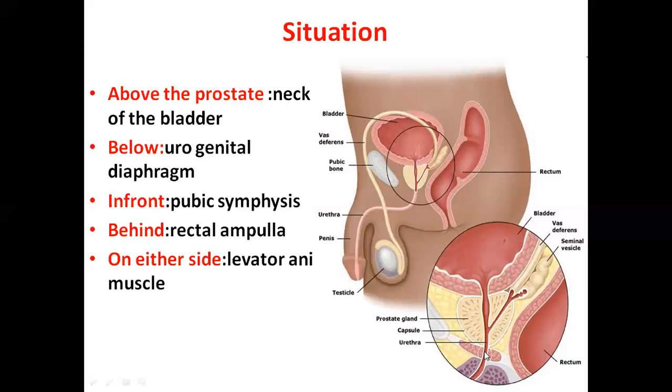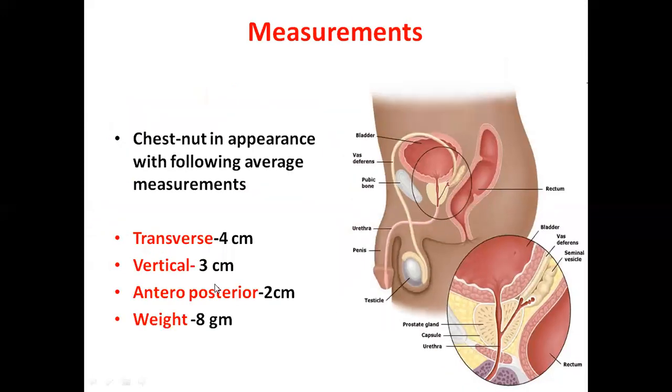Here we have sphincter urethrae and the deep transversus perineal muscles. In front, the prostate is related to pubic symphysis. Behind, it is related to rectum, and this bulge is called rectal ampulla. On either side, the prostate gland is related to levator ani. I'll show you in the following slides.